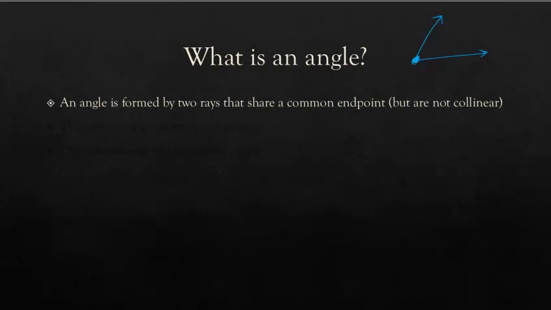So that forms an angle. The vertex is the common endpoint. Right here is my vertex of the angle. It's the point where they come together. And the sides are the two rays of the angle. So here's one side and here's the other.